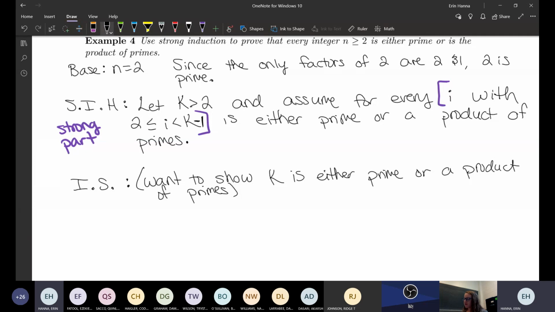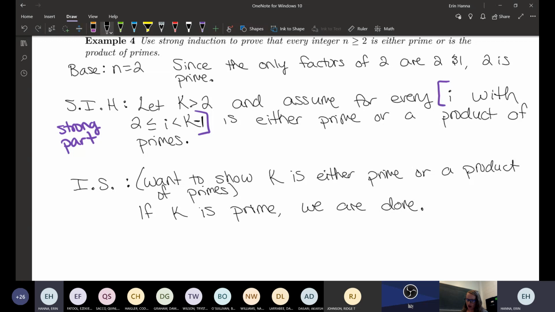So we kind of have two cases. If k is prime, we're done. Like if the k value you're looking at is actually a prime number, then that's it. It's a prime. So essentially the meat and potatoes of this comes from proving that if it's not prime, it is a product of primes.